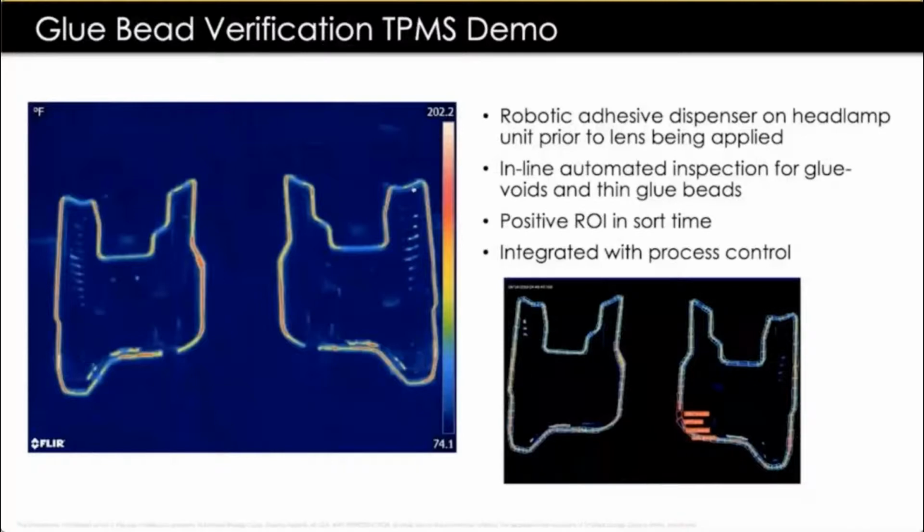It actually got applied to the wall of the channel. And that adhesive, sometimes when the lens was pressed down on this particular product, would push that adhesive down into the bottom of the channel and create a good seal, or a decent seal, enough to pass quality. And other times that adhesive would stay on the wall and get squeezed outside of the channel. And there you would have, of course, a leaking product.